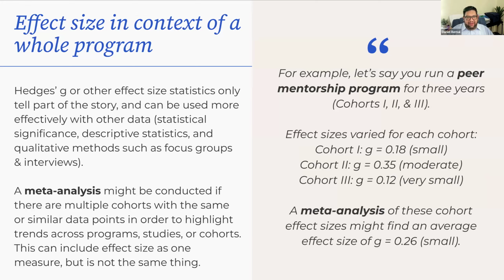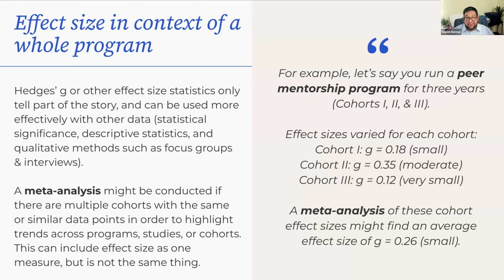When we talk about effect size and thinking about whether a difference in quantitative data is meaningful or not, we also need to think about the context, not just of the field, but of your study or your program.